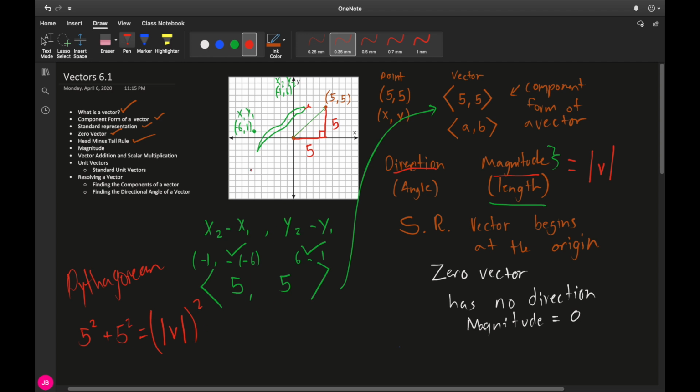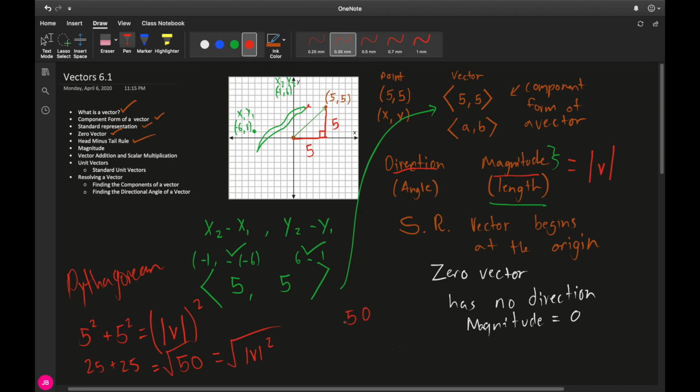So to continue, 25 plus 25 has to be equal to 50. And 50 is equal to the magnitude of my vector squared. So to find the magnitude of my vector, I go ahead and take the square root of 50.